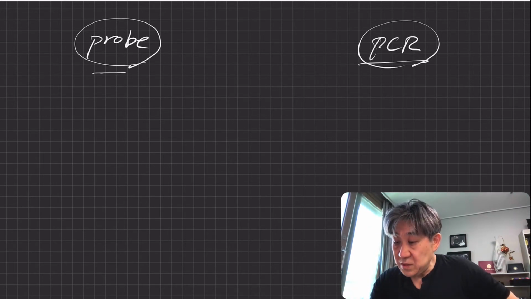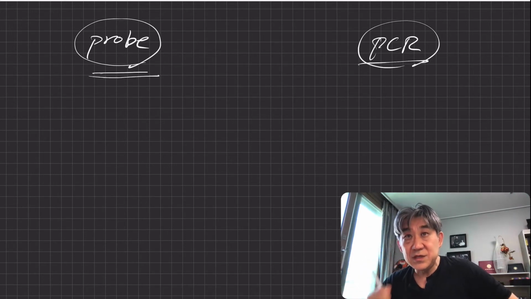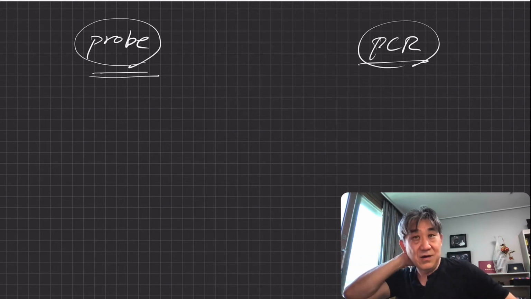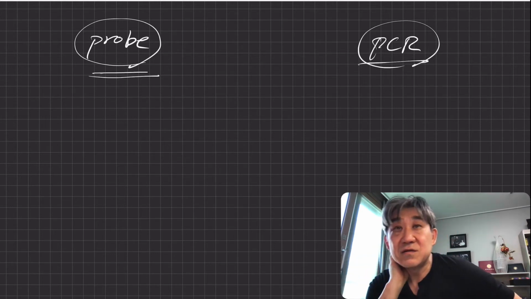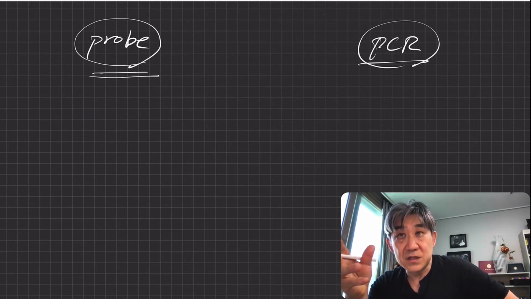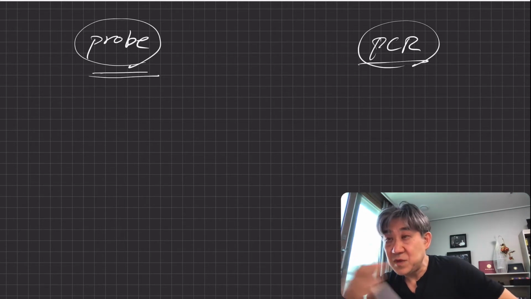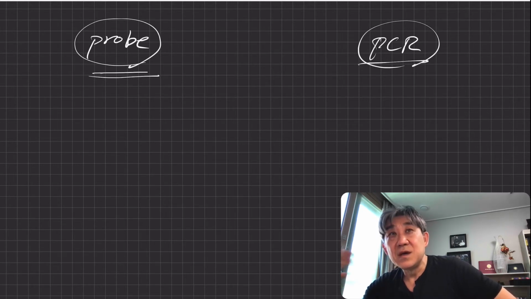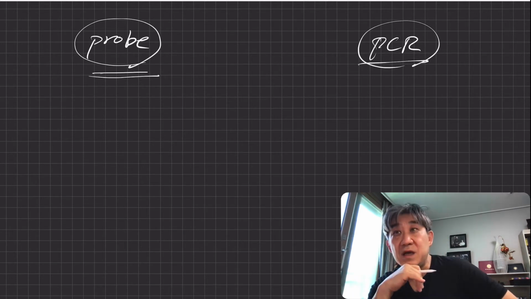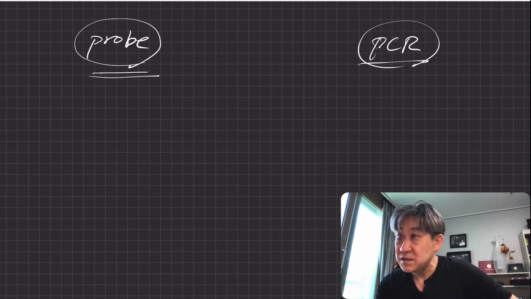This concept of the probe is not like rocket science, too complex technology. It is an extremely simple concept, but that simple concept dictates so many areas of molecular techniques, and it has been the driving force of the whole progress in DNA technology. So having said that, let's get into this.